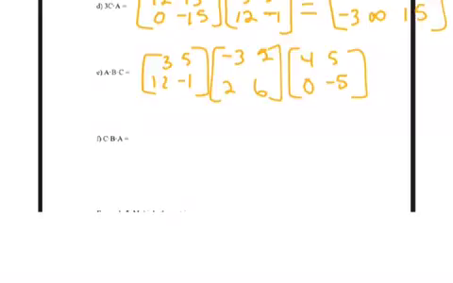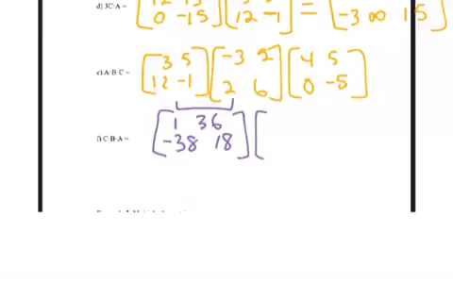Alright, so we already did A times B in the last example, so that was 1, 36, negative 38, and 18. And I'm going to multiply that by the 4, the 5, the 0, and the negative 5.